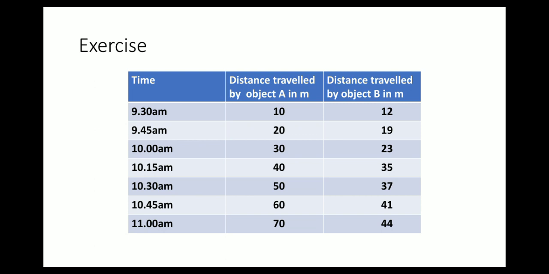So, object B travels unequal distance in equal time. So, object B is non-uniform motion.